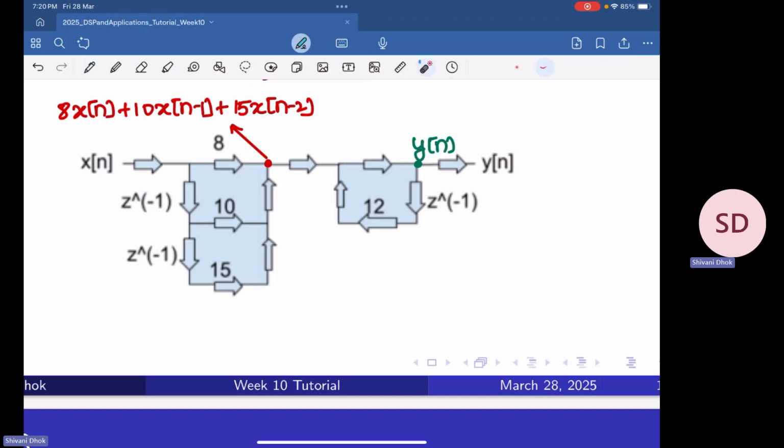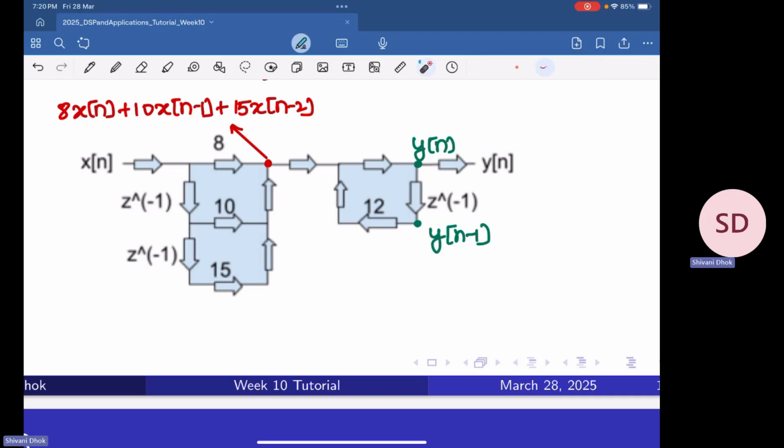Now this y of n is going along this direction and it gets multiplied by z inverse, which means here we are having y of n minus 1, that is the delayed version of y of n.